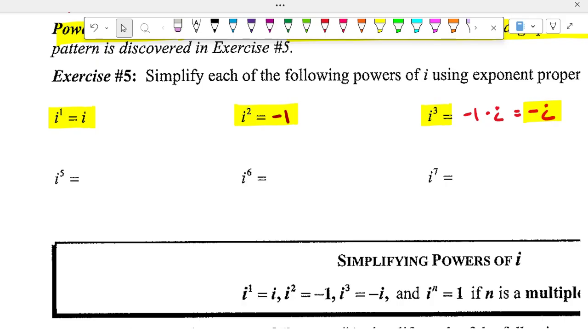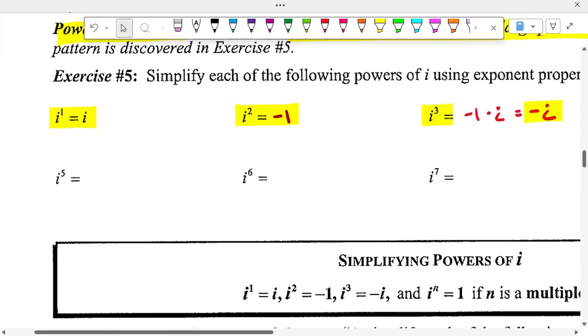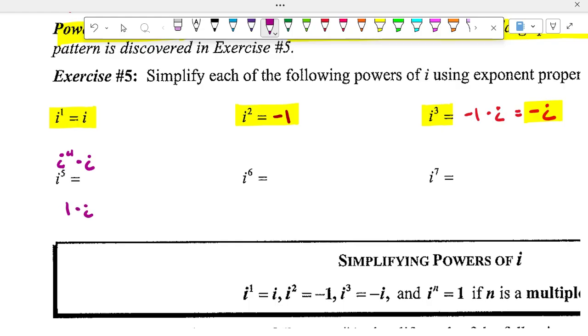It's I to the fourth plus another I. So I to the fifth, we can rewrite as I to the fourth times I. Well, what did we say I to the fourth is? 1. So what's 1 times I? I. So I to the fifth is just equal to I.